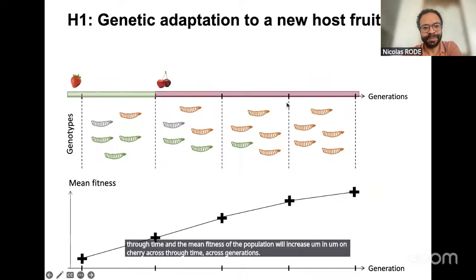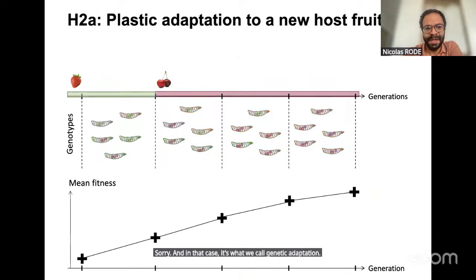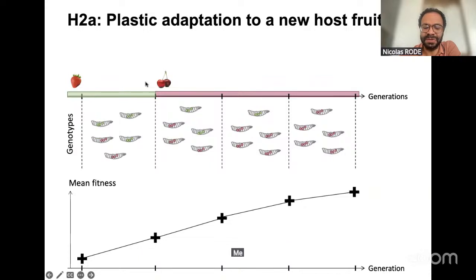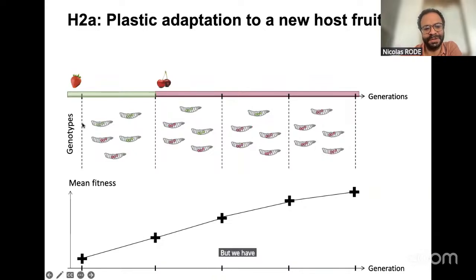And in that case, it's what we call genetic adaptation. And another hypothesis is that actually we have plastic adaptation, meaning that we don't have any change in the genotype of the host, of the Drosophila larvae, but we have change in the microbial community.